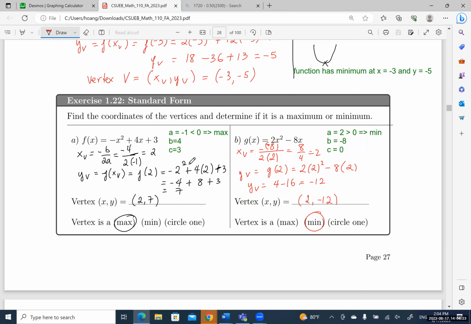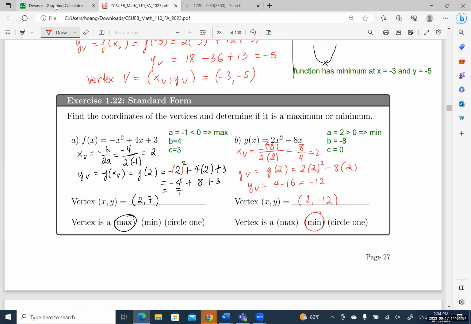But actually, no, the negative is outside of this. This is just the 2 squared. That's the reason why after you square you have 4, and you still have negative. So for -4, stay with it, and plus 8 plus 3, and I simplify it to be 7. So the answer will be 2, 7, and the vertex will be a maximum.